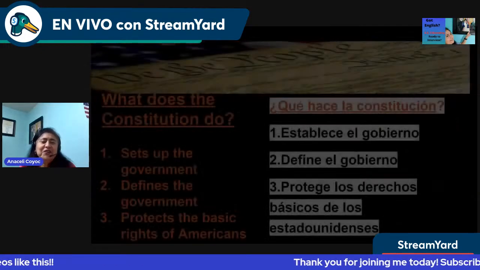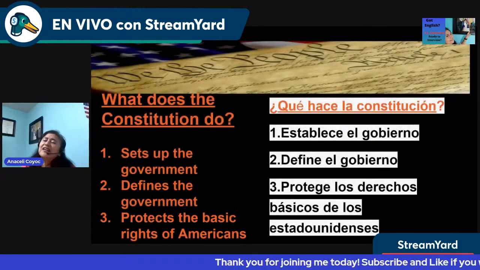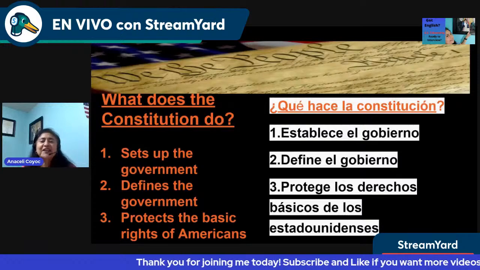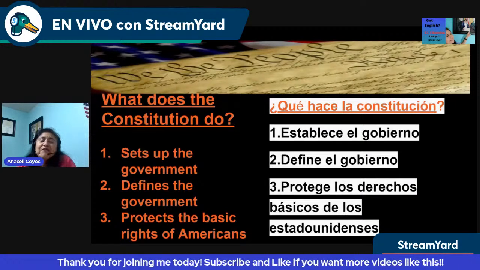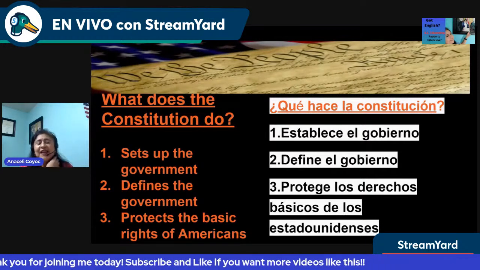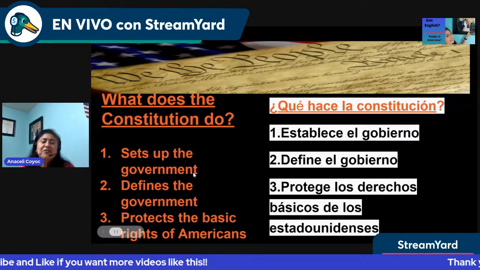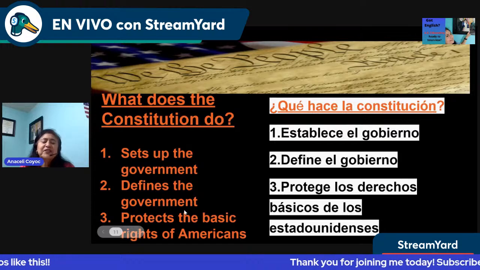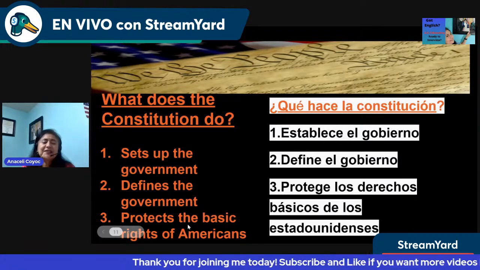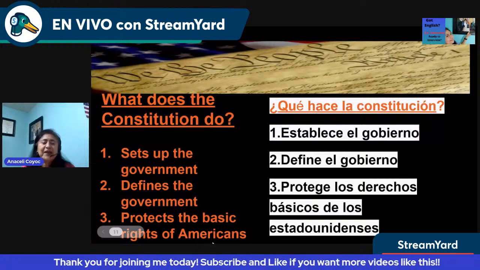Okay, another review question is, what does the Constitution do? Why do we have a Constitution? The answer is, it sets up the government. It defines what kind of government we have. And third, it protects the basic rights of all Americans.